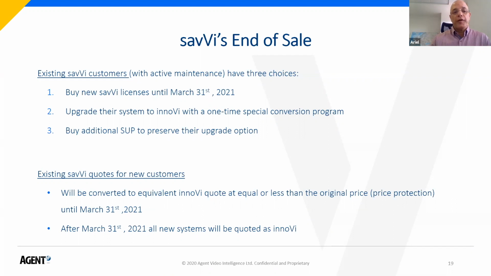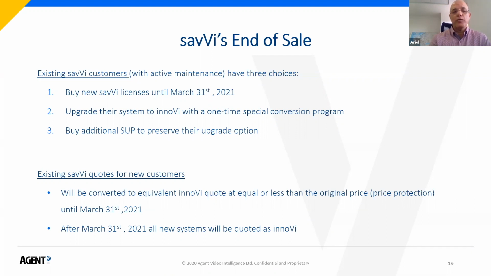Those customers that have existing quotes of SAVI but have not purchased yet, what we are offering them is to convert to an equivalent innoVi quote, which is equal or sometimes even less than the original SAVI quote.